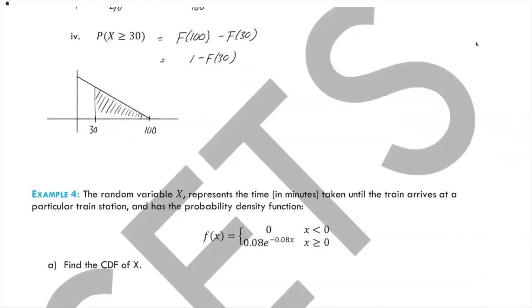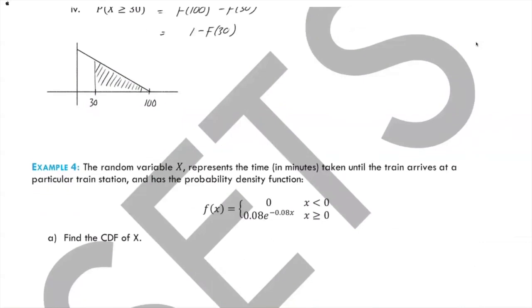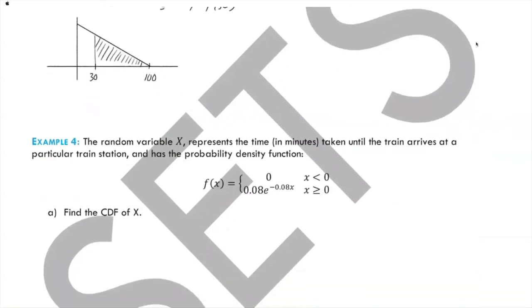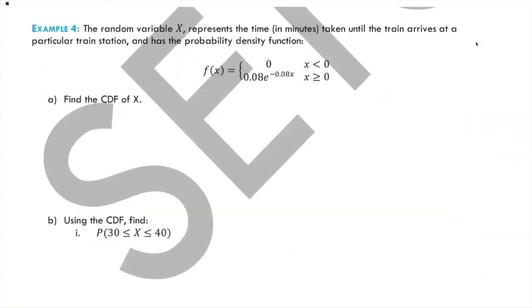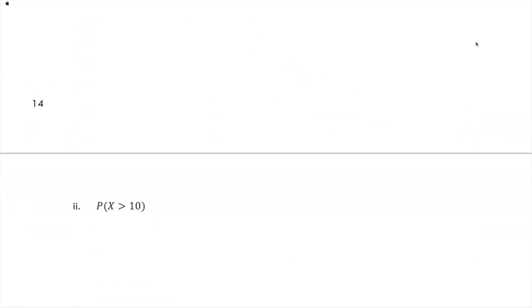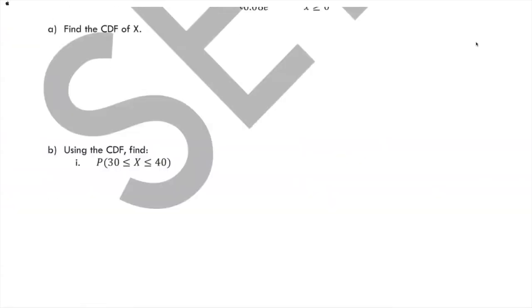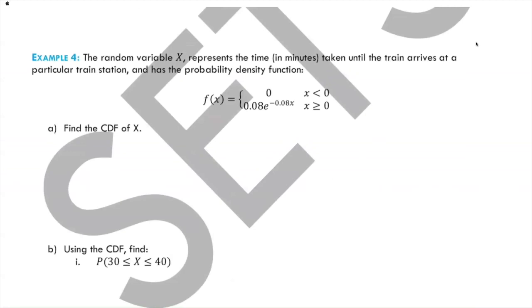So we're kind of going back to the example from before, and we're going to find their CDFs. Okay, so we've got this one. The random variable x represents the time in minutes. We already read this. Can you just find the CDF of this one?